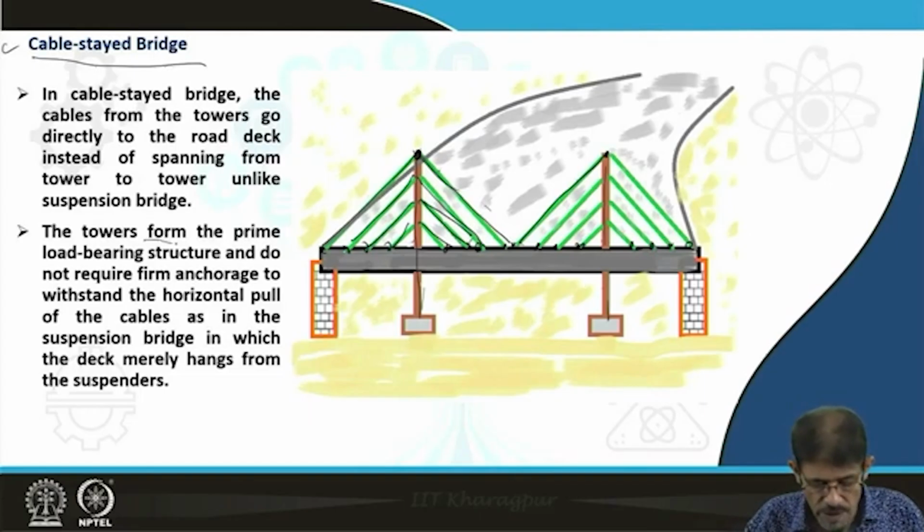The tower forms the prime load bearing structure and does not require firm anchorage to withstand the horizontal pull of the cable. Here, because this structure under loading is going to put the load, these come under tension, and due to this tension this whole structure is under compression.